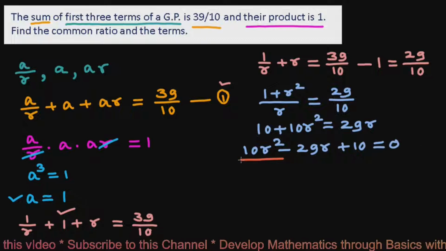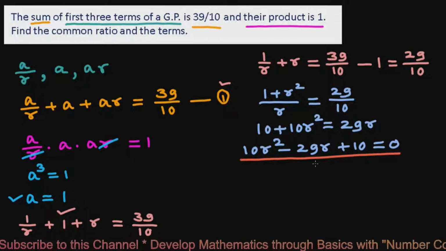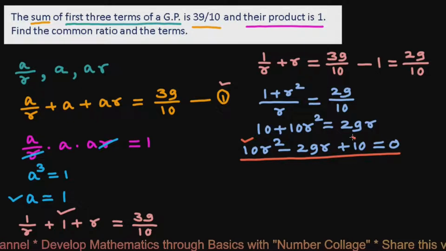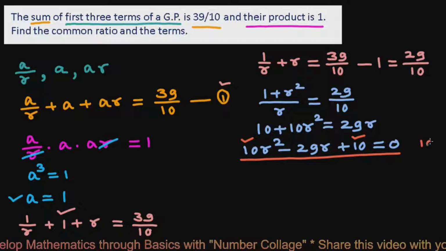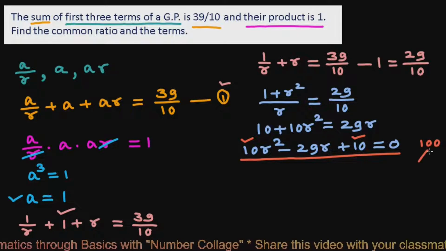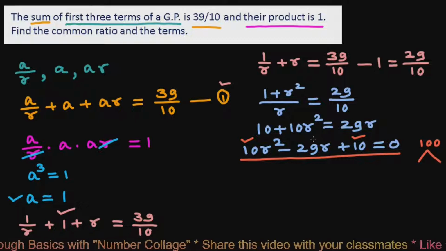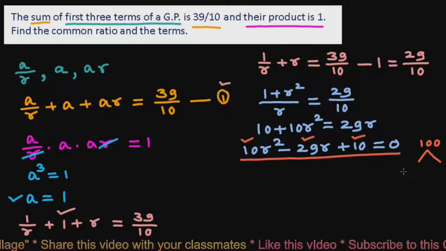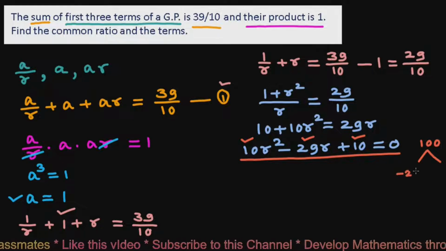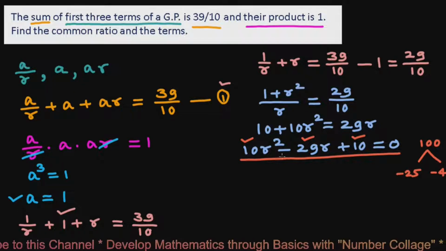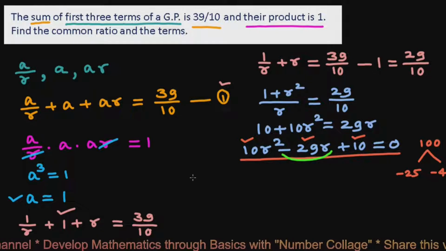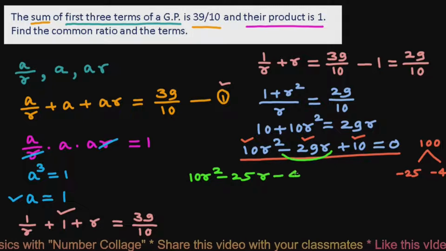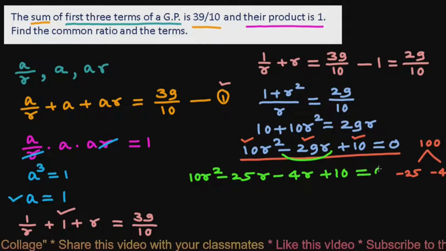This is a quadratic equation in r. In order to solve this, we will multiply this 10 by this constant term 10. That gives us 100. Now we will find two factors of 100 such that their sum will be minus 29, and two such factors will be minus 25 and minus 4. So by splitting the middle term, we write 10r square minus 25r minus 4r plus 10 equals 0.